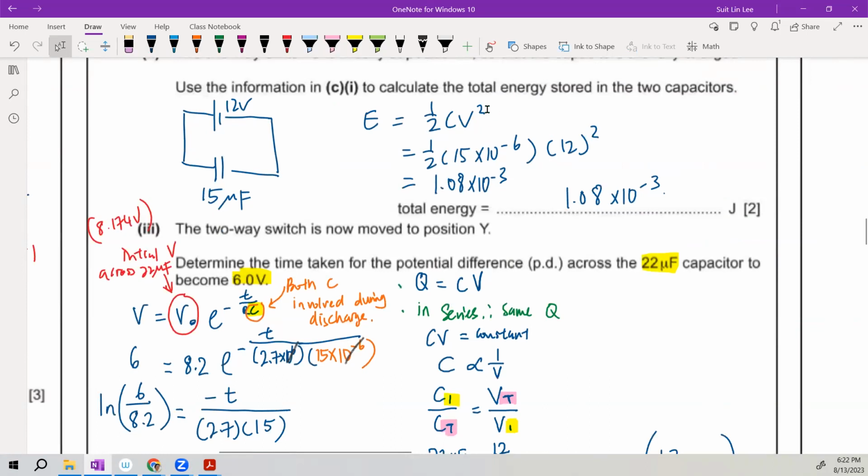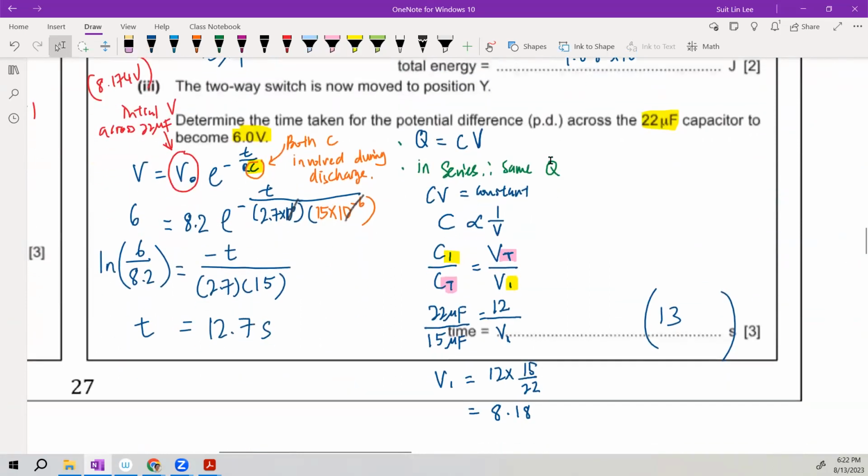Okay. Number two, if they are in series, they have the same charge. So Q is constant. C becomes inversely proportional to V. You can use ratio to find the voltage. Okay. Of course, the next question will be, teacher, what if they put in parallel?